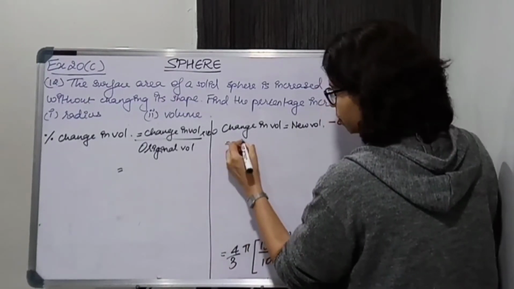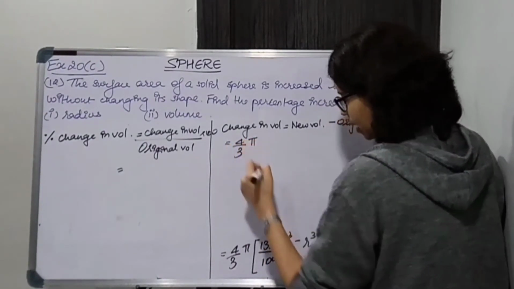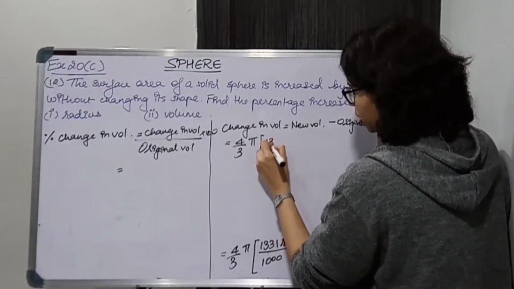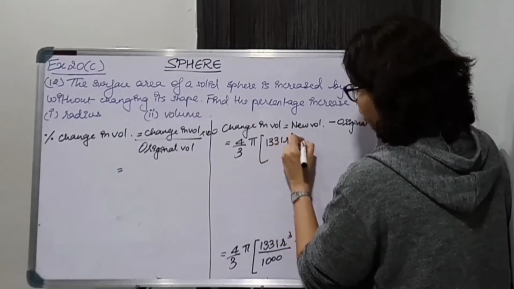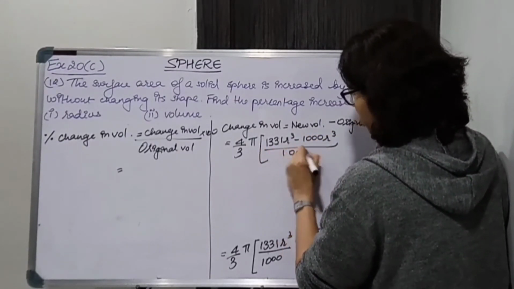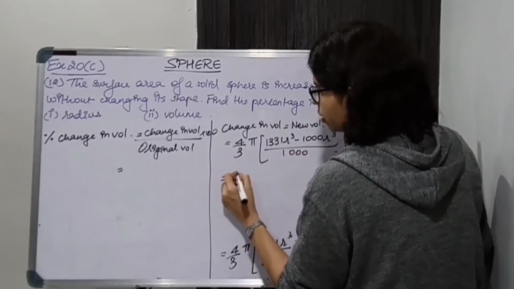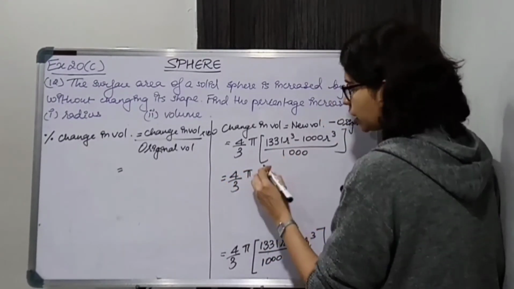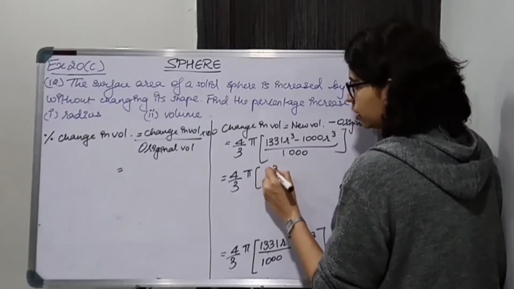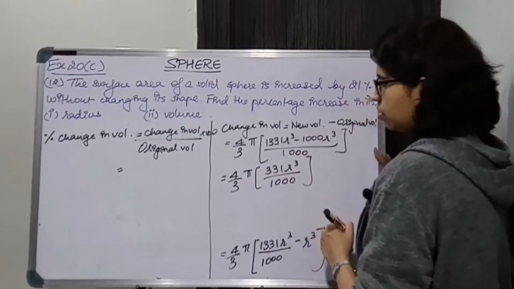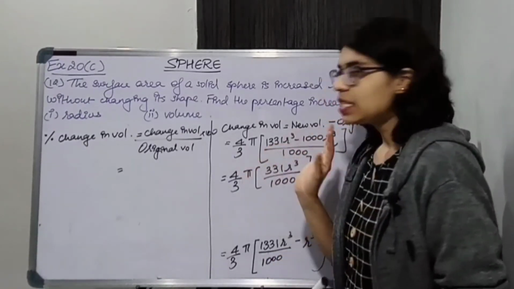So this becomes 4 by 3 pi, 1331 r cube minus 1000 r cube upon 1000. तो ये हो जाएगा 4 by 3 pi, 1331 minus 1000, that gives 331. ठीक है, 331 r cube upon 1000. Now I'll keep this as it is.